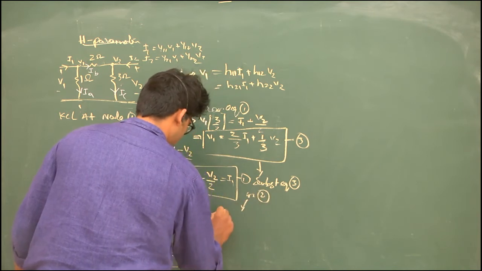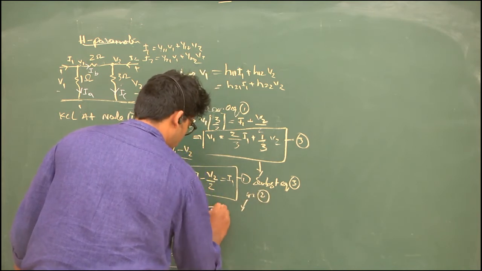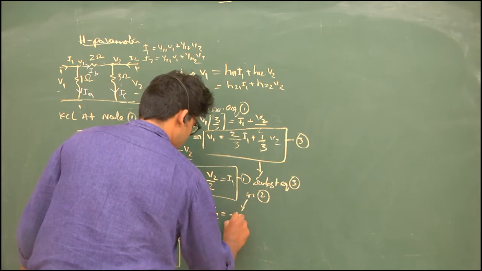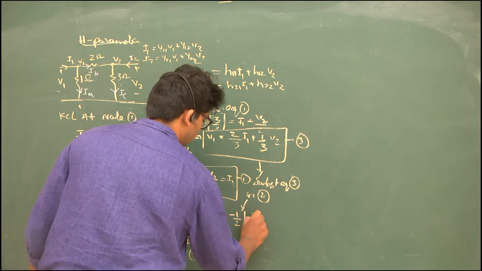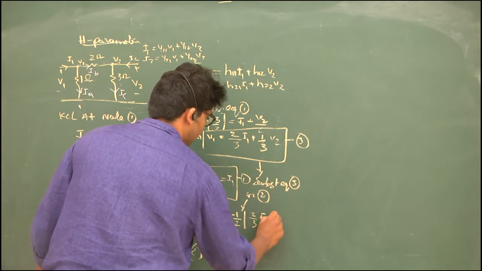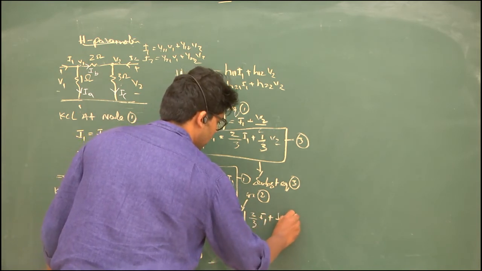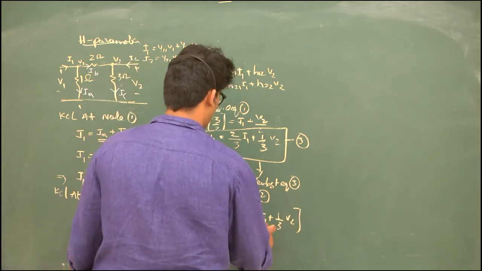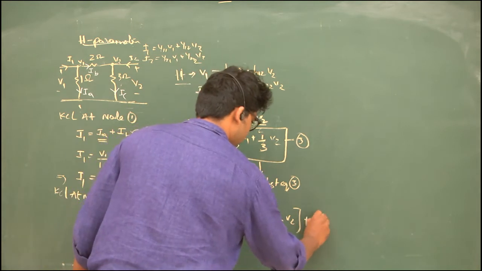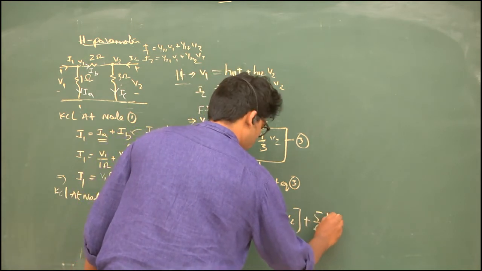You will get I2 equal to minus 1 by 2 times, 2 by 3 I1 plus 1 by 3 V2, plus 5 by 6 V2.